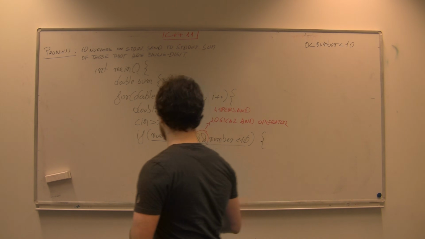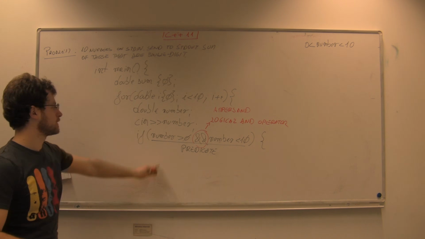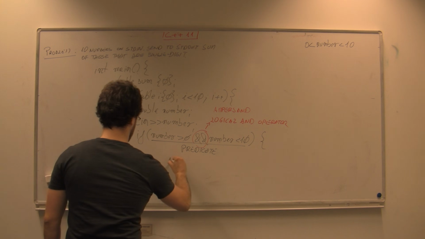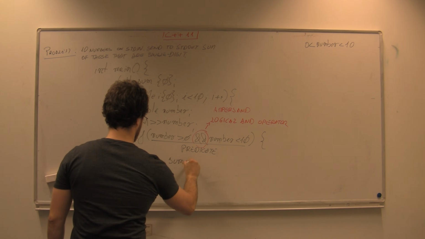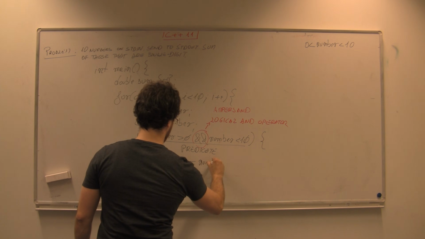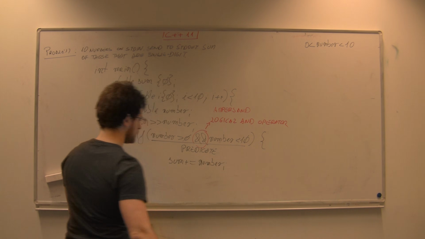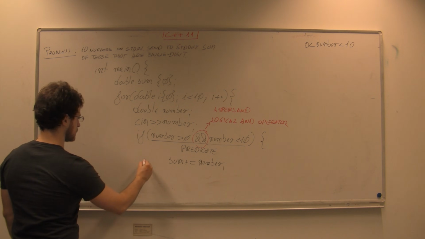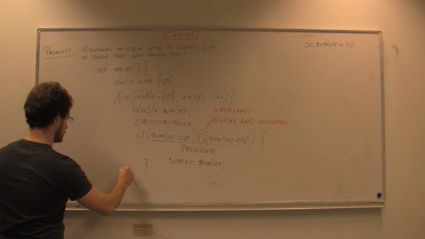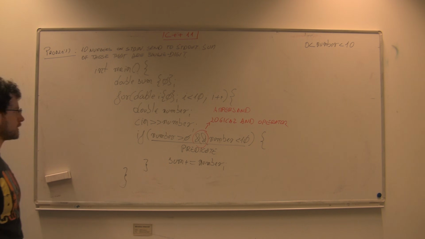So in this case, when the number is single digit, greater than 0 and smaller than 10, we will perform the step of the adder algorithm and add the number from standard input to sum. And that's the body of the loop that needs to be repeated 10 times.